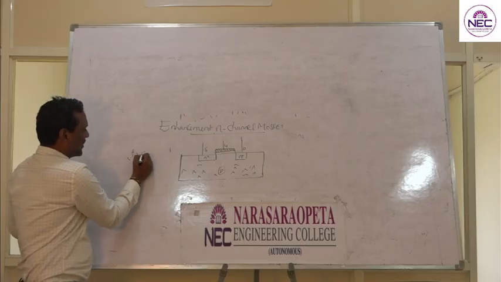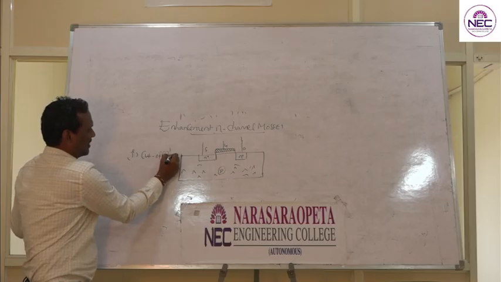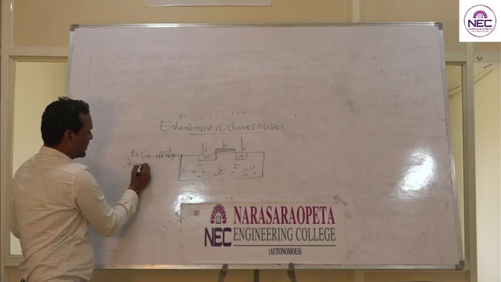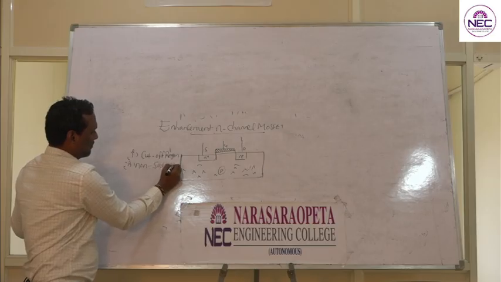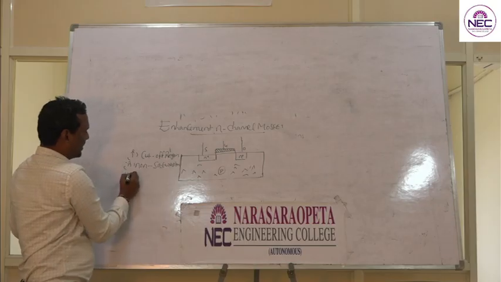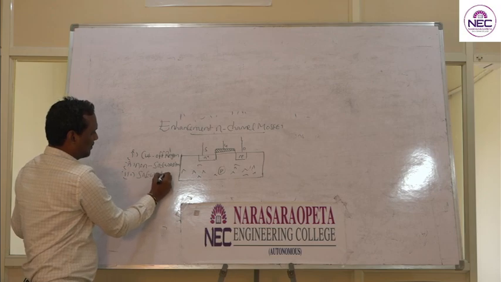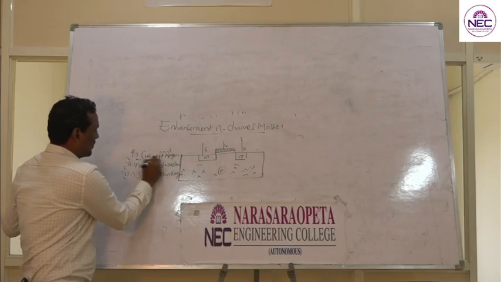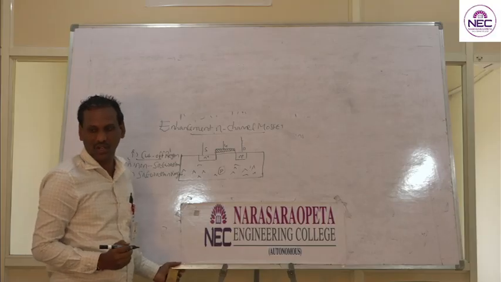One is the cutoff region, the second one is the non-saturation region, and the third one is the saturation region. This operation we will understand with the help of output characteristics.